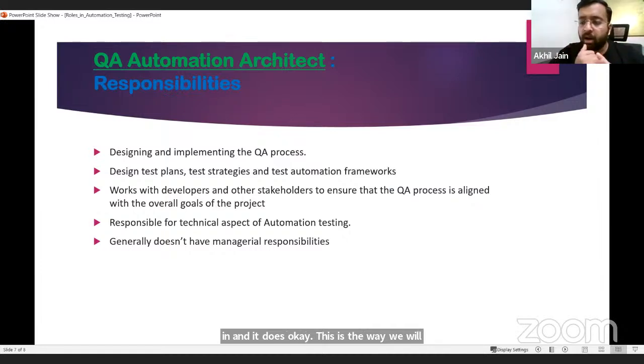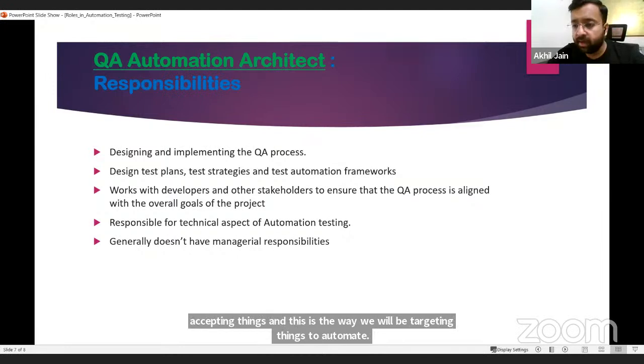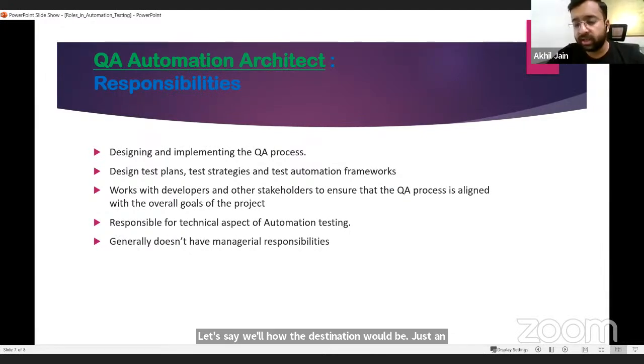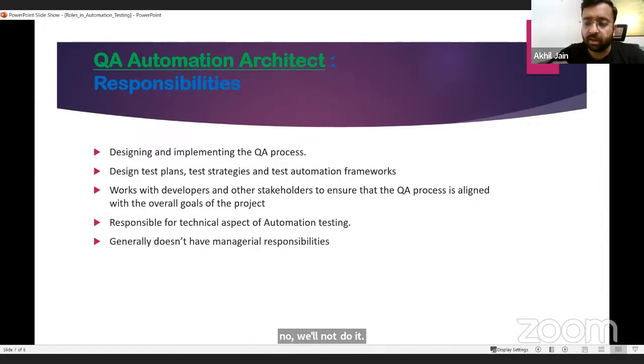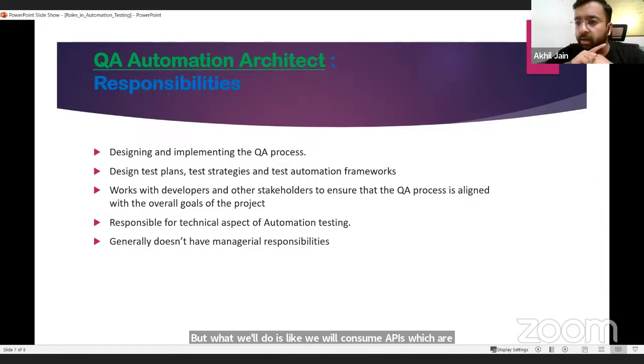Let's say how test data generation would be happening. Just an example. Let's say that he decides, okay, test data generation for UI automation will not be done from the UI. No, we will not do it. What we'll do is consume APIs which are already available for that particular software.